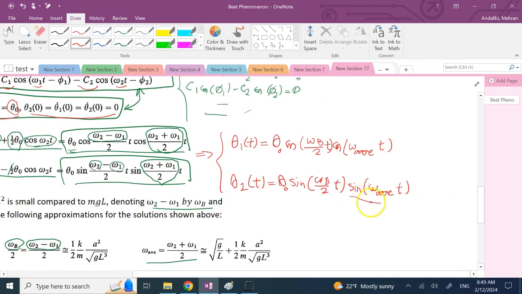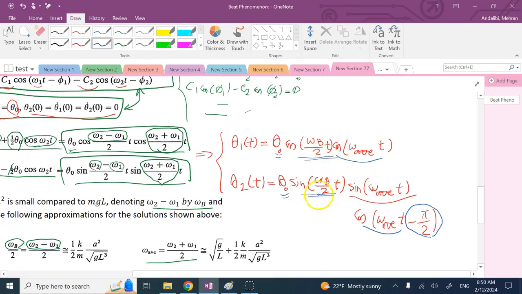And you know that a sine can be written as a cosine, right? Plus a phase shift. So this sine, I can write it as cosine of omega average times t and a minus pi over 2. So basically now what I can see in both of them is a cosine of omega t function. One has a pi over 2 phase shift, and the same amplitude theta naught, which is changed according to cosine omega b over 2 and sine omega b over 2.